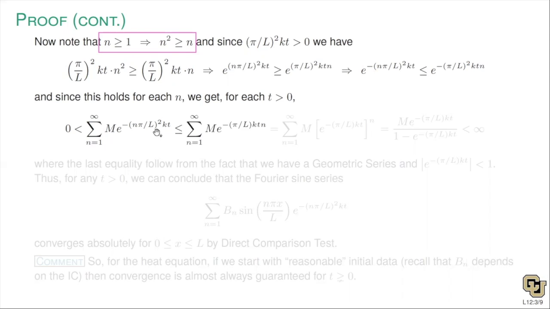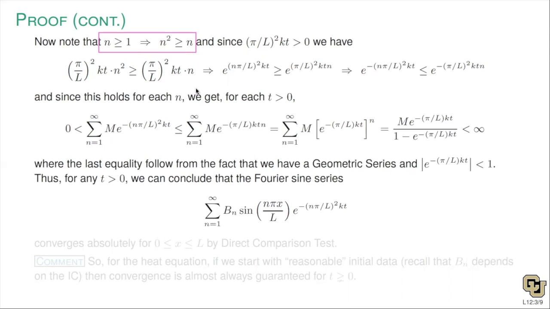So here, one thing I've already done, sorry, I'll get back to that. One thing I've done is, remember there's a B sub n term, and I'm making the assumption that B sub n is less than capital M. Now think about what B sub n is. It's the integral from 0 to L of f of x times sine.